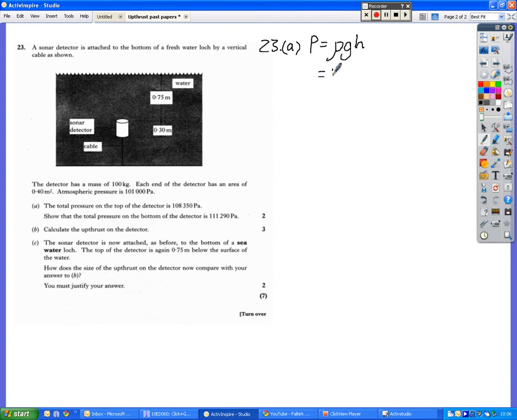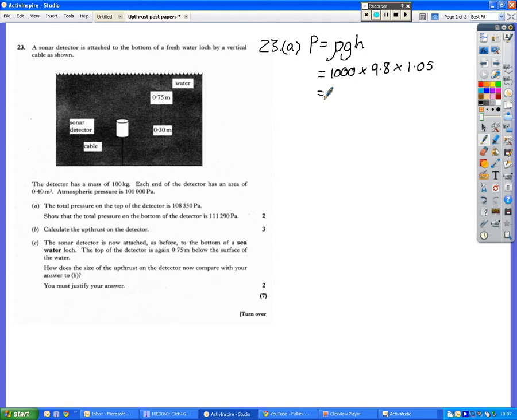The density of fresh water is 1000, as I said, you would get that from the data sheet. g is 9.8, and the depth to the bottom of the detector is 0.75 to the top of the detector plus a further 0.3, so it's 1.05 meters total depth to the bottom surface.